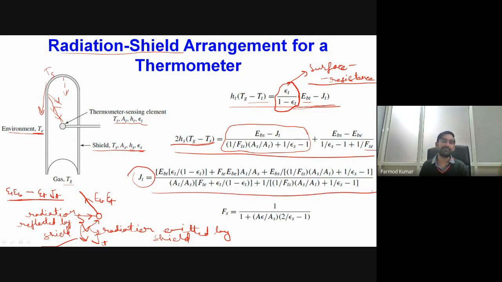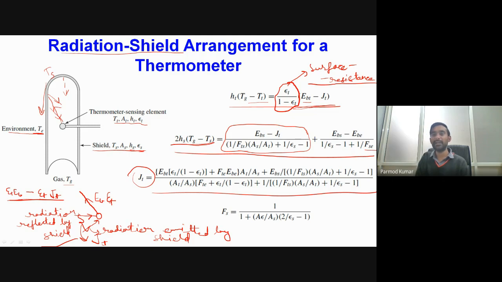So it means that if we are employing a radiation shield in our measurement of temperature with the thermometer, then we have to consider the characteristics of this radiation shield such that it reflects the majority of the radiation back to the thermometer, which is emitted by the thermometer.